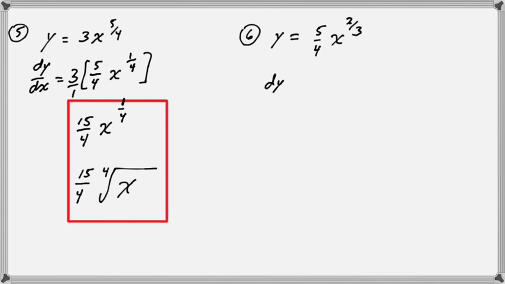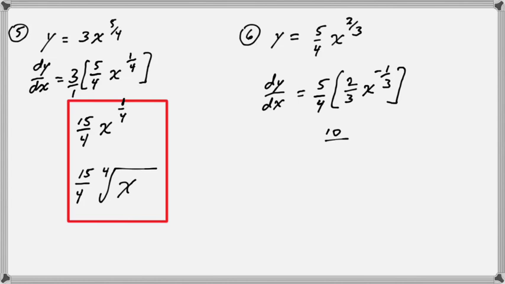On number 6, you're taking the derivative of y with respect to x, and you're going to do power, base is x, 1 less power. 3/3 less than 2/3 is negative 1/3. So that's 10 over 12, top times top, bottom times bottom.